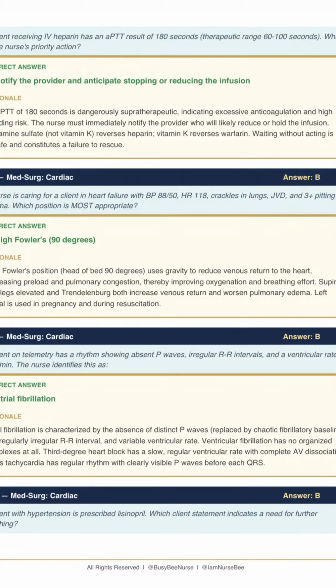Make sure you get material that's going to prepare you for the NCLEX. And I think you should be on your way as far as studying for NCLEX, making sure you're prepared for the practice questions. Trust me.